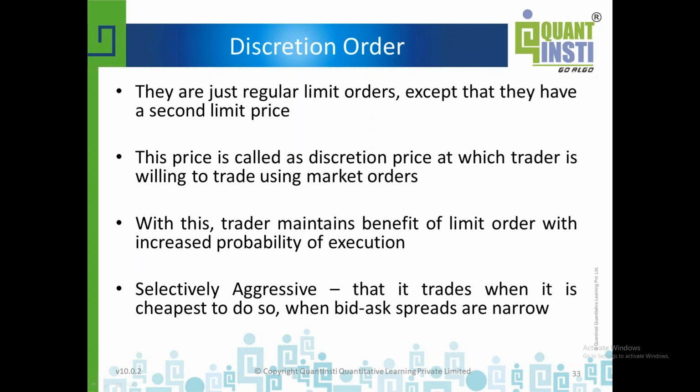But I don't want to pay anything above $50 plus the discretionary range, which is 10 cents. So $50 is good, anything below is great, but the highest I would pay is $50.10. I give a discretionary range so that my probability of getting my trade executed is higher.